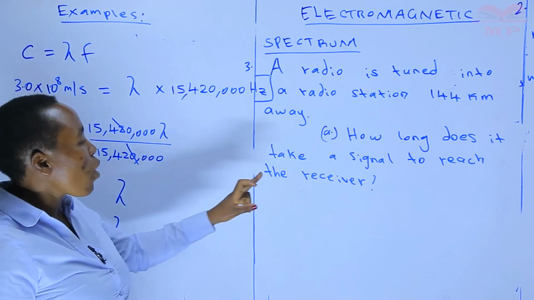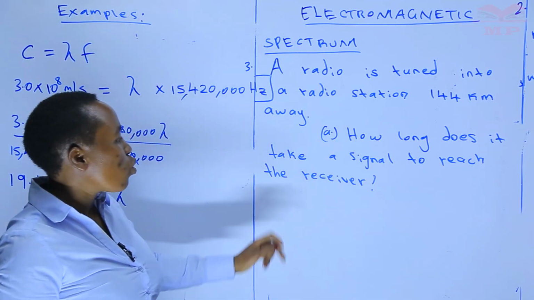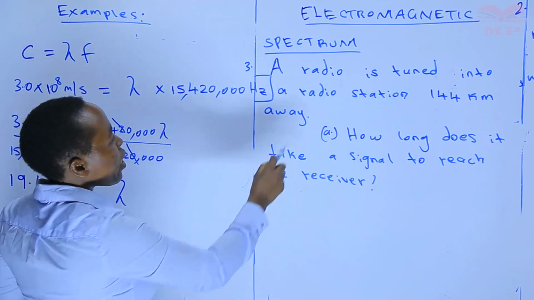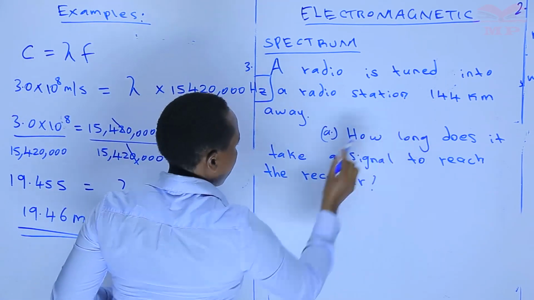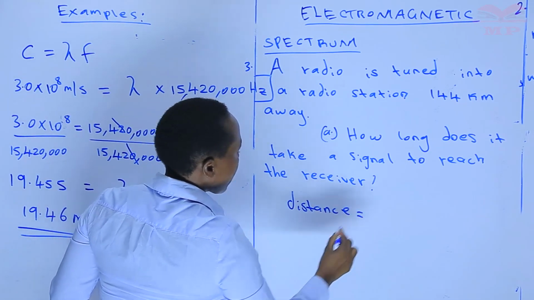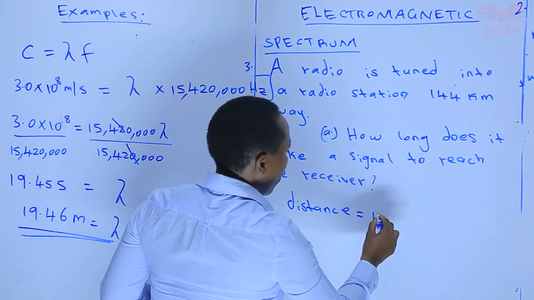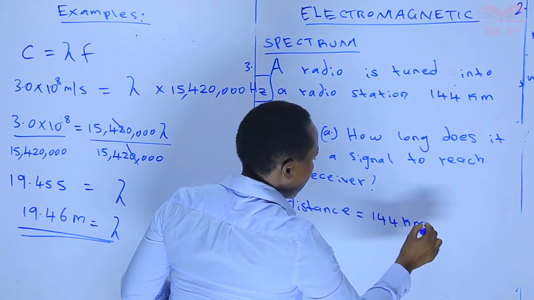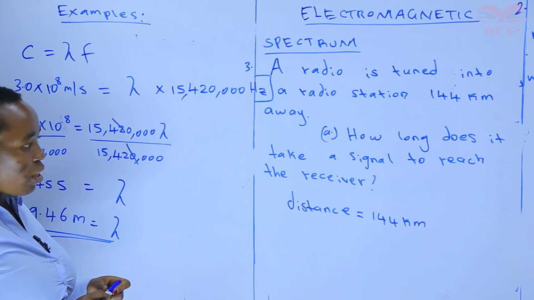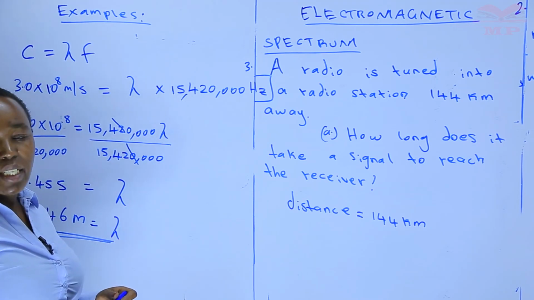So we are asked, how long does it take a signal to reach the receiver? In this question, we have the distance that is covered by that radio wave, which is 144 kilometers. So we want to get the time it takes to get to the receiver.